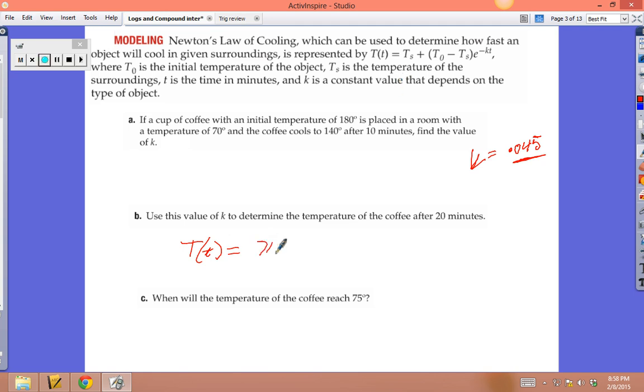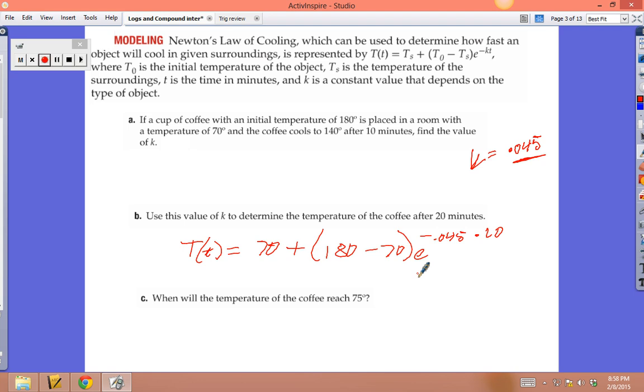Temperature of the surroundings at 70 degrees plus the initial temperature 180 minus 70 times e to the negative 0.045 times 20. So now I just punch this in as it is, hit enter, and that will give you the temperature after 20 minutes.